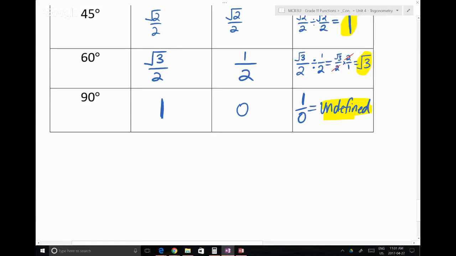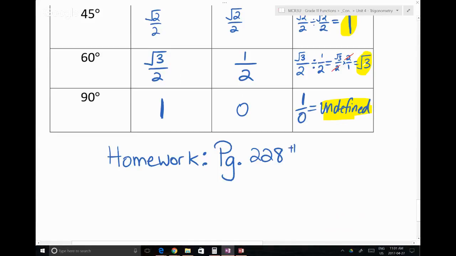So the homework can be found on page 228, numbers 1, 3, 4.